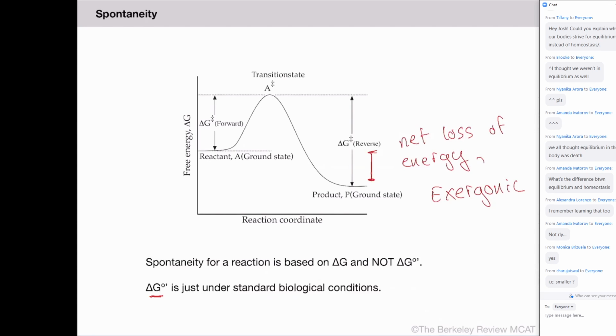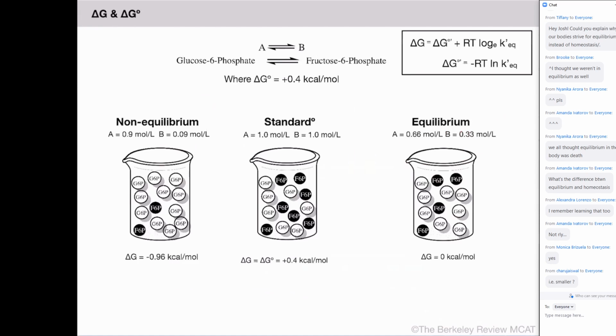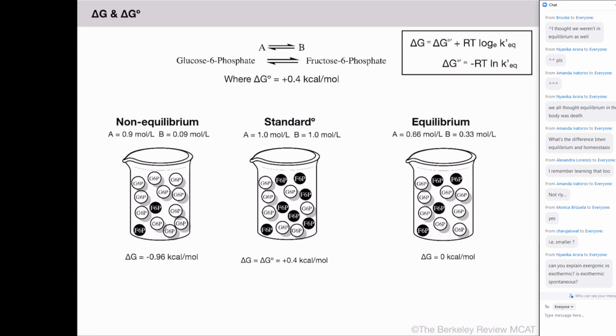So this is a negative delta G in red, which is a net loss of energy, which is exergonic. So let's look here at a hypothetical example illustrating different conditions. And today we're going to be talking about glycolysis, so let's use an example.